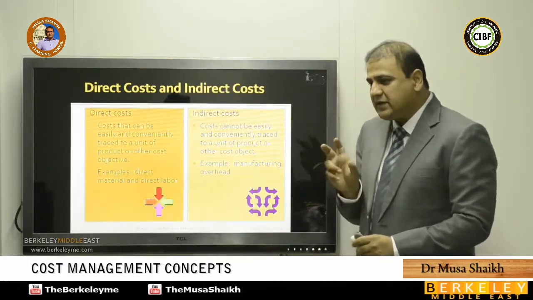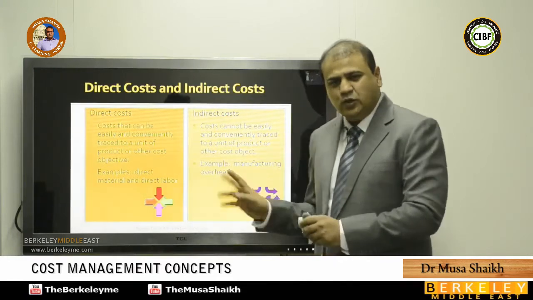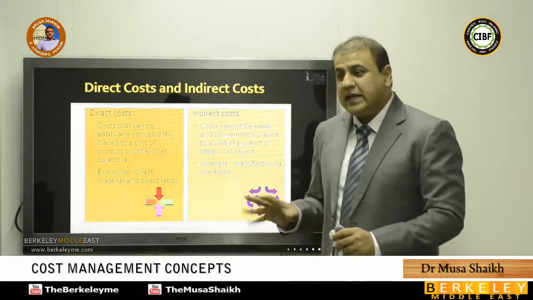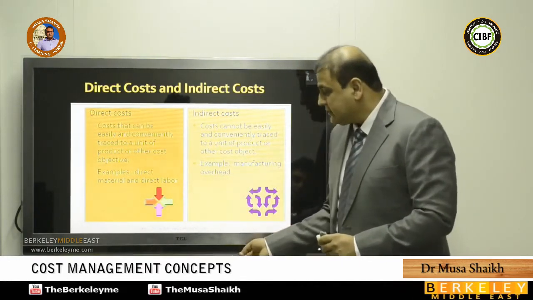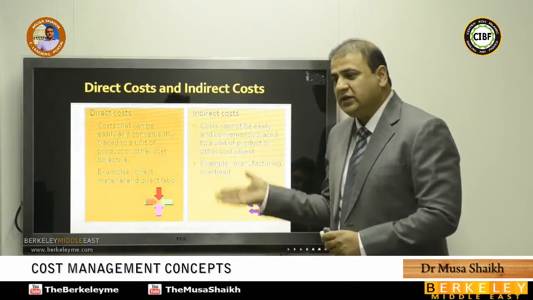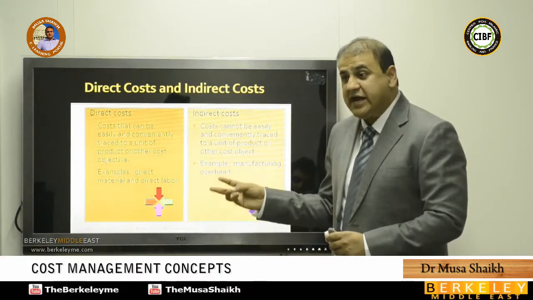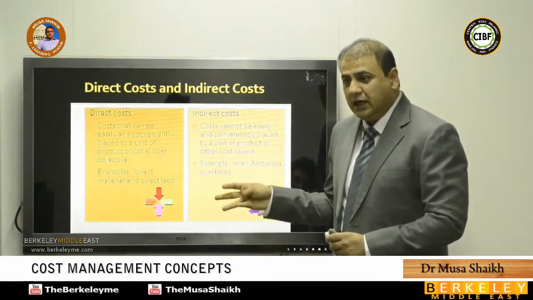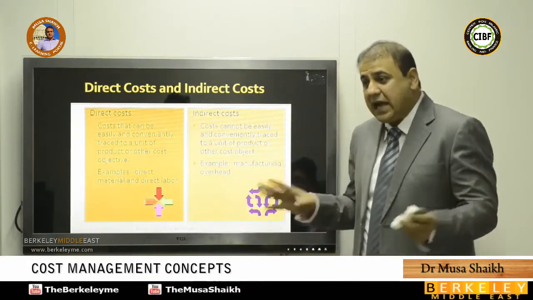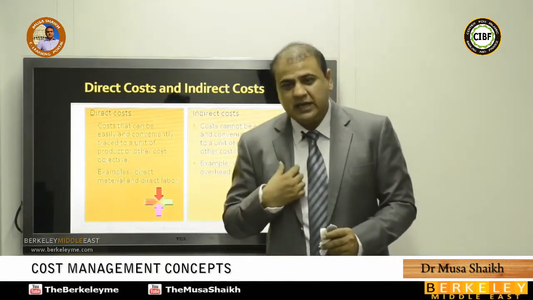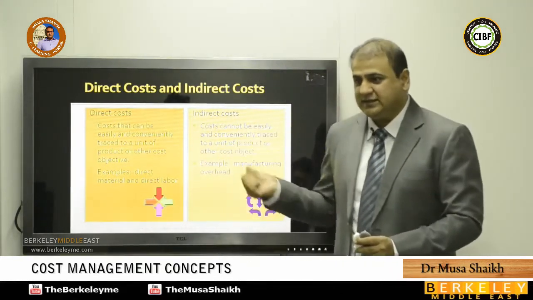And there might be some variable overhead directly like glue and other things, but I cannot see what is the salary of the CEO of this company, accountant, secretary, rent, electricity bill. This I cannot see, but I can assume based on my experience if I work in this industry.